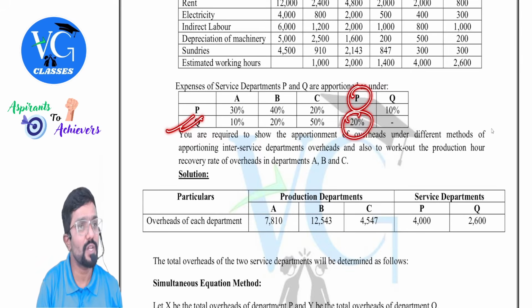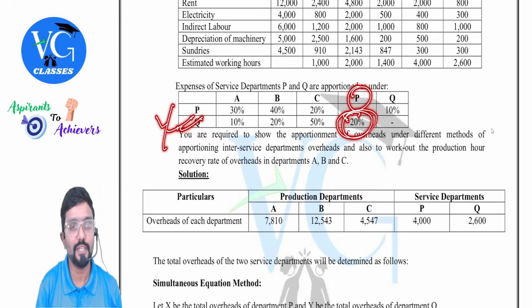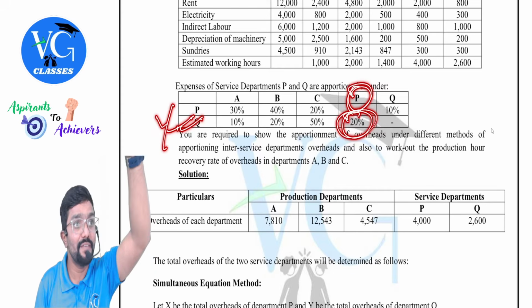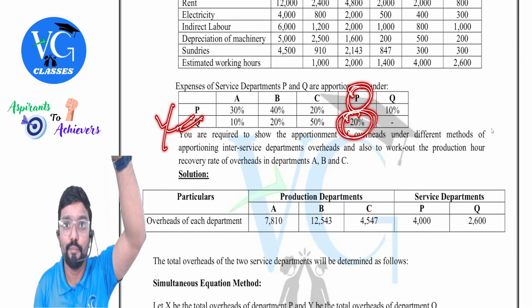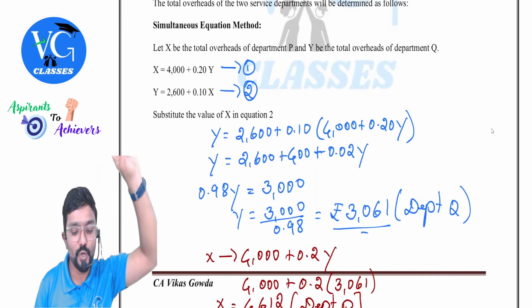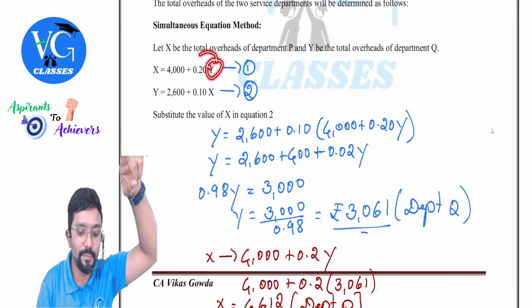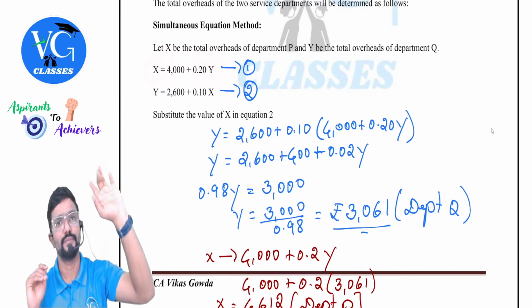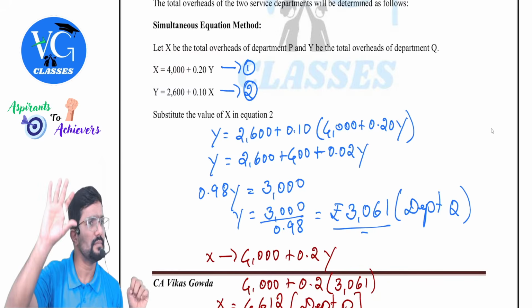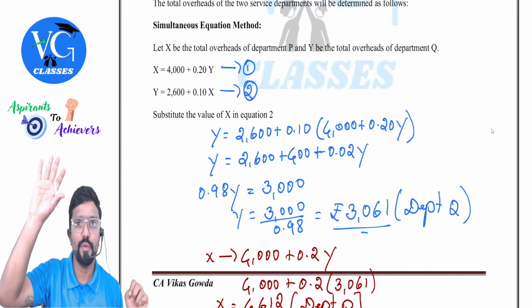Now, whatever is the total cost of Q, what is it? Y for us. 20% of that should go to Department P. Correct. Because they are giving 20% services to whom? P. So, what is the total cost of Department Q, guys? Y. 20% of that should go to X. That is nothing but Department P. Hope you understood.